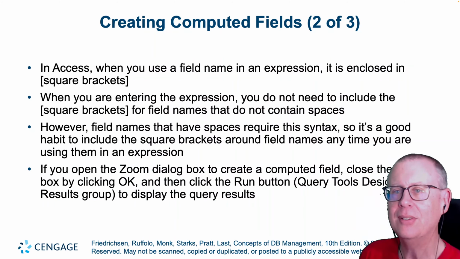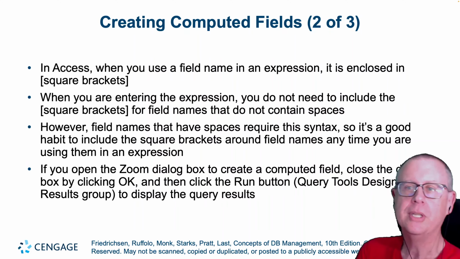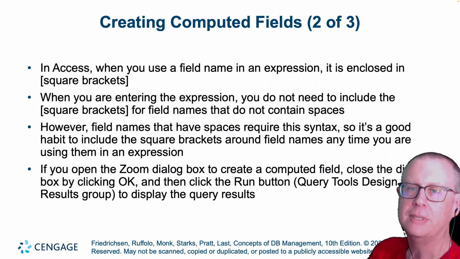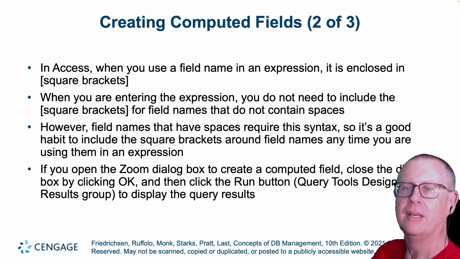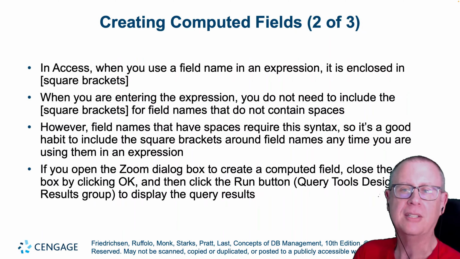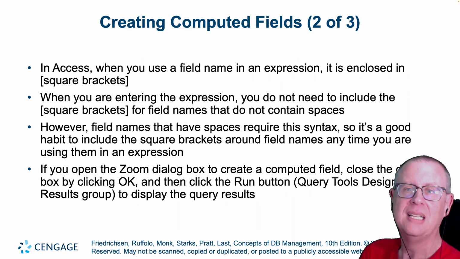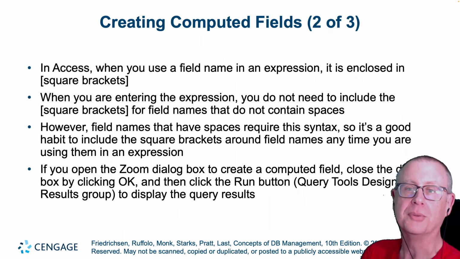Okay, so in Access, you generally want to put the field name in square brackets like that, which makes it easier to have names that contain spaces, etc. It just makes it very clear what field you're referring to.